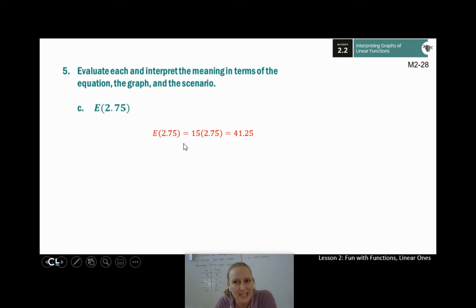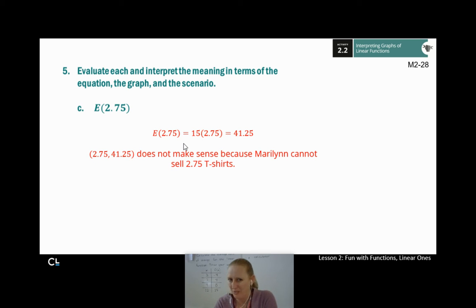Remember, our input was the number of t-shirts. You either sell a t-shirt or you don't sell a t-shirt. There's no like 0.75 t-shirts, where you just sell them the shirt with a chunk cut off of it. I don't know. So while this point makes sense on the function, it doesn't make sense in the situation because Marilyn can't sell 2.75 t-shirts, right? I mean, that's weird.